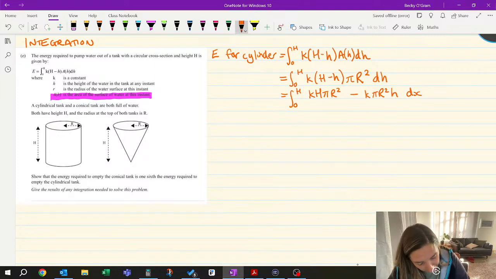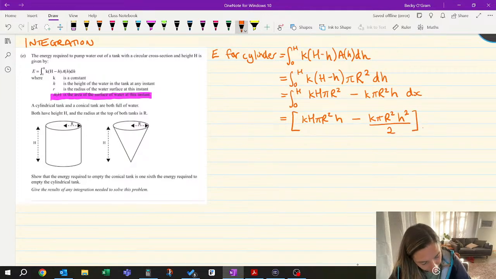So if we're thinking in terms of integrating, that first term will be the constant times by the variable that we're differentiating by, which is a little h. And on this second term, we take the h variable, we increase its power by 1, we divide by the new power. I'm going to do that between 0 and h.